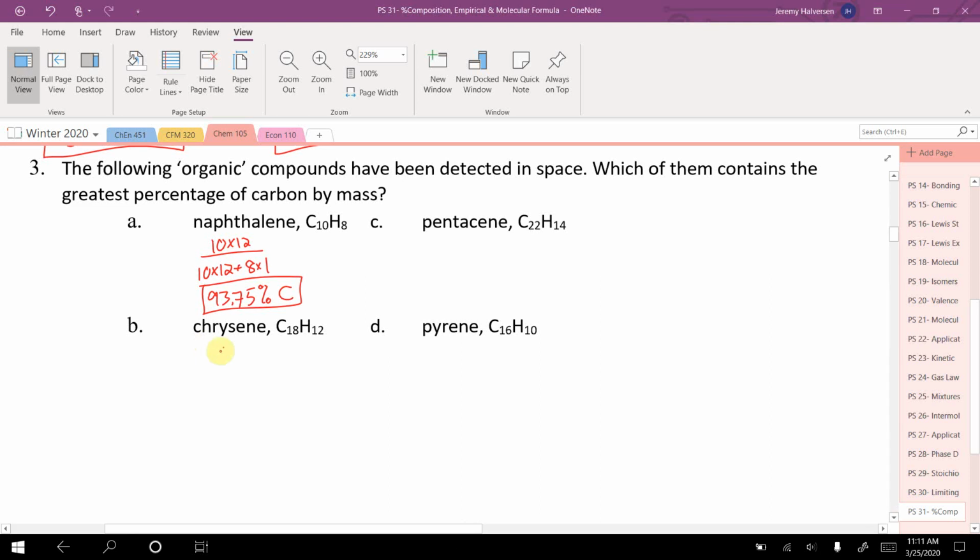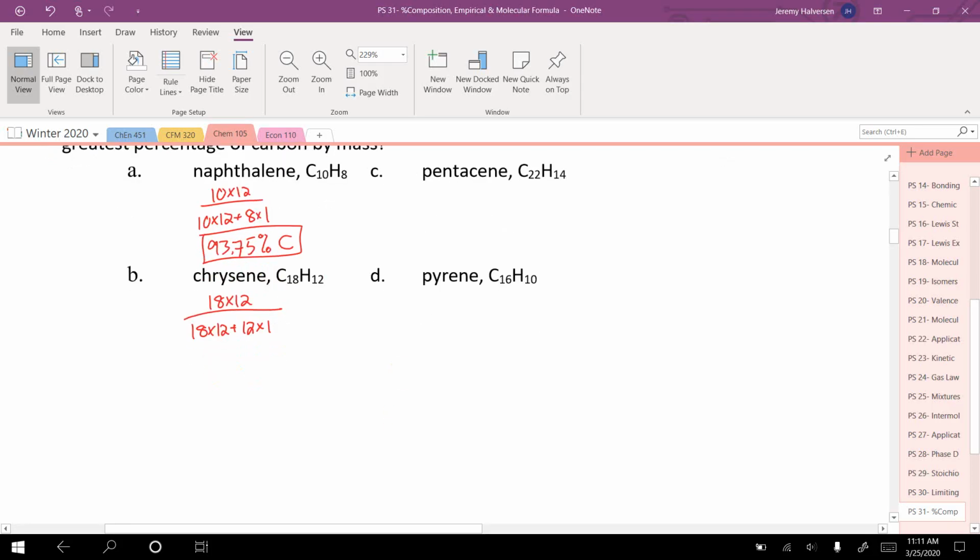This is 18 carbons divided by 18 carbons plus 12 hydrogens. 94.7% carbon. Okay, next is this one.